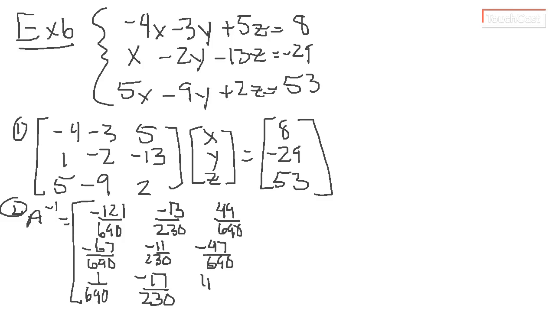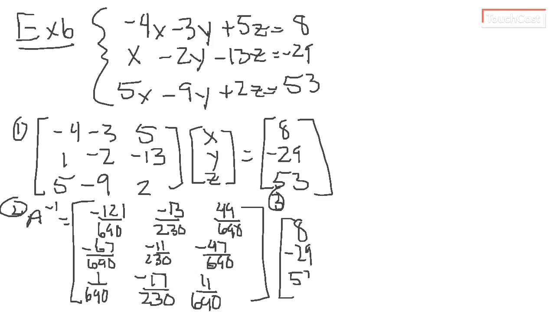and 11 over 690. Now again, I'm going to just use my calculator to do step 3, where I multiply this by my constant matrix B. So 8, negative 29, 53. I don't want to stress myself out too much.